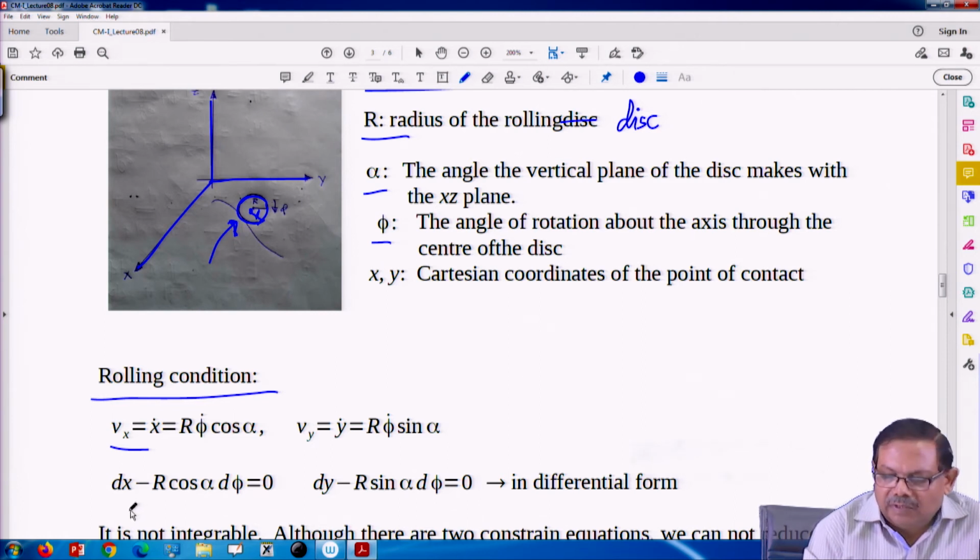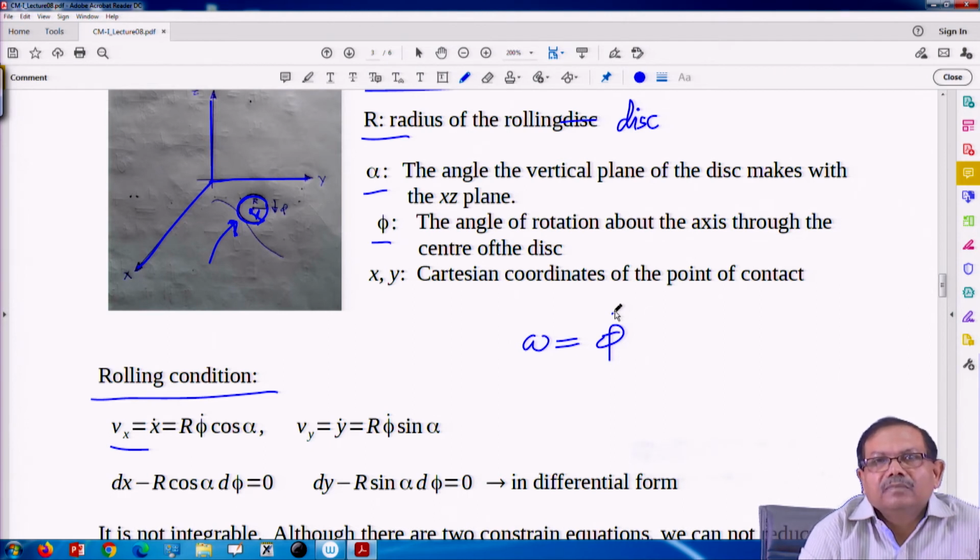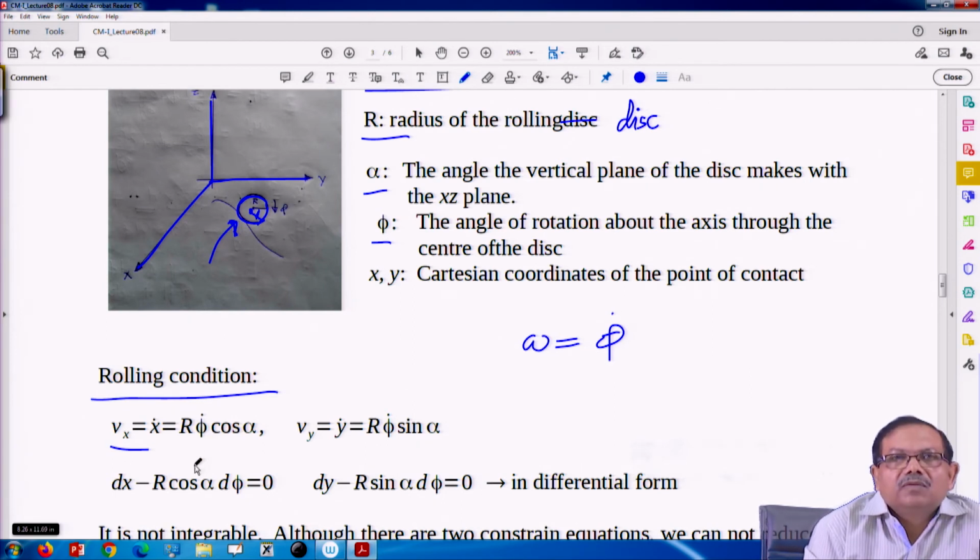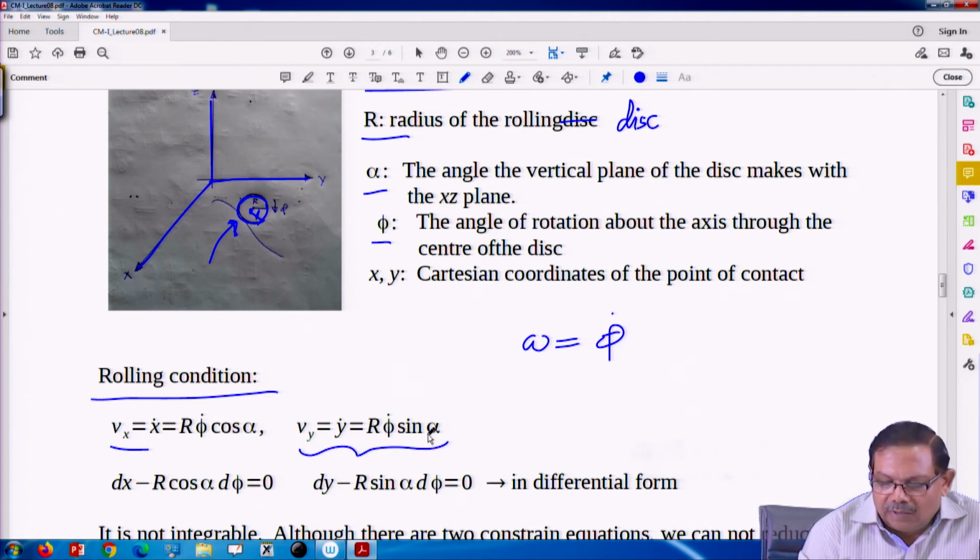Omega is phi dot, the angular velocity of the disc or the coin that is rolling. So, r phi dot cos alpha, that is the x velocity which is x dot. Similarly, V y is y dot, that is r phi dot sin alpha.